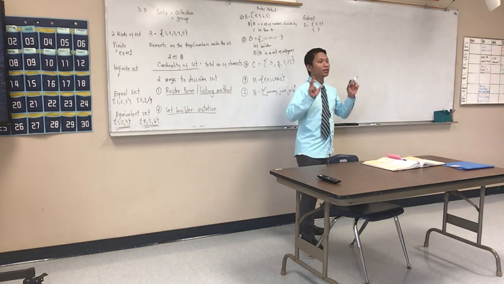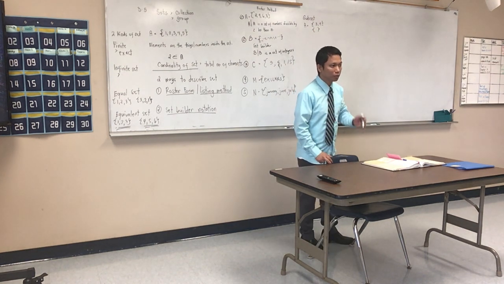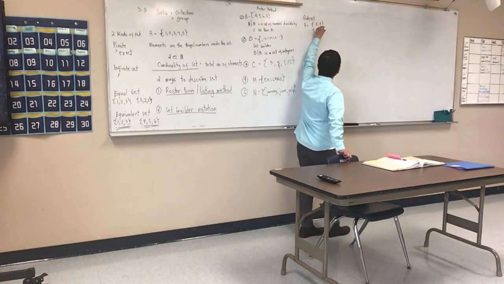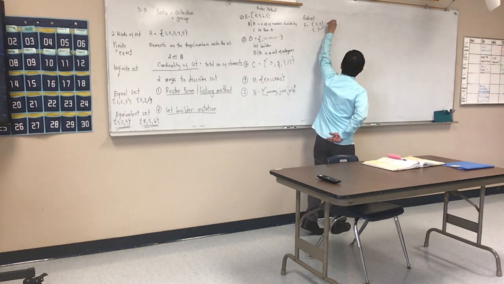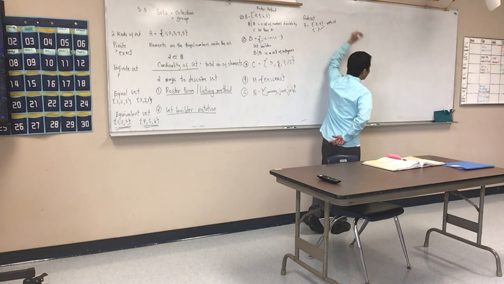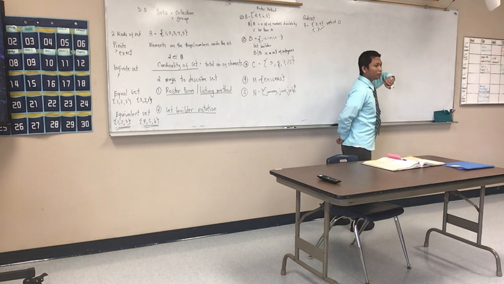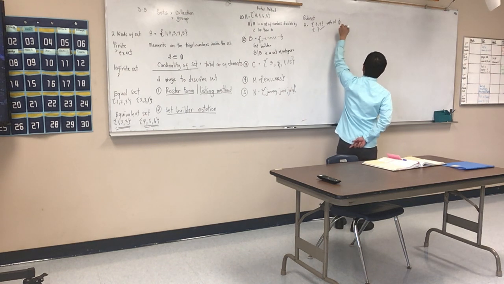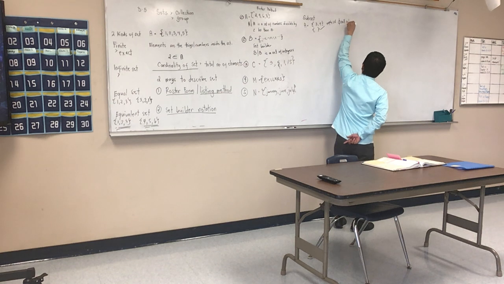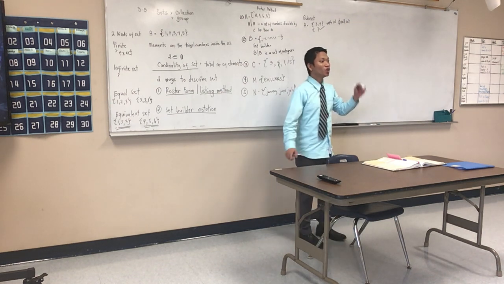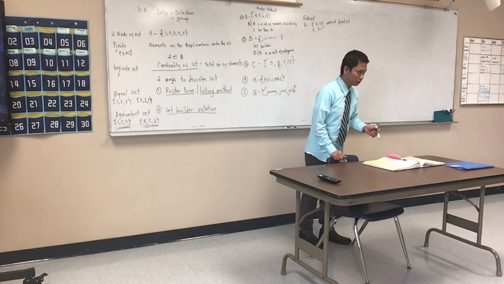A set that has no element is what we call the empty set. It can also be denoted by this symbol, the symbol for the null set, which means that the set has no element.